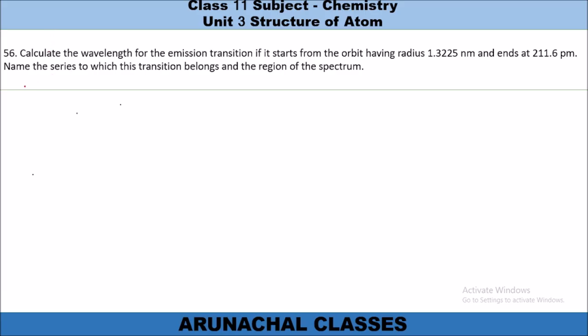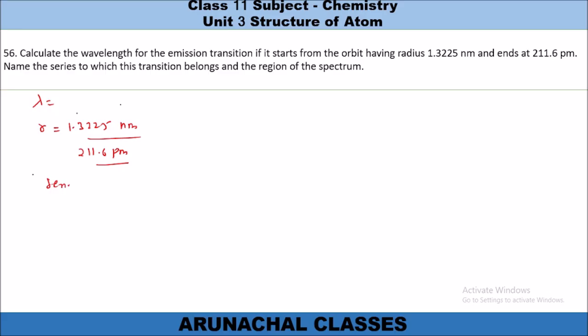Question 56 is: calculate the wavelength of emission transition if it starts from the orbit having radius 1.3225 nanometer and ends at 211.6 picometer. Name the series.